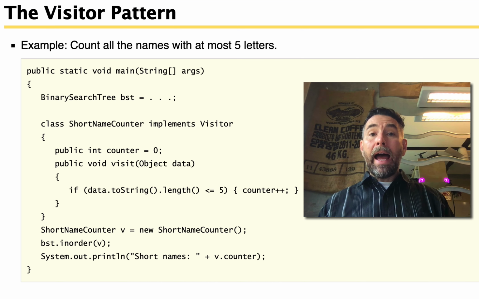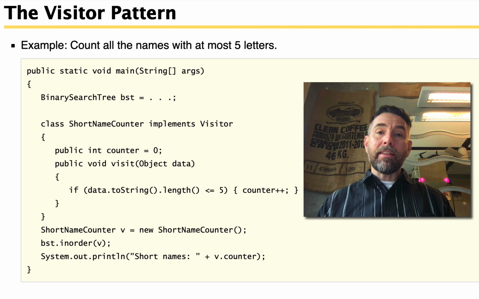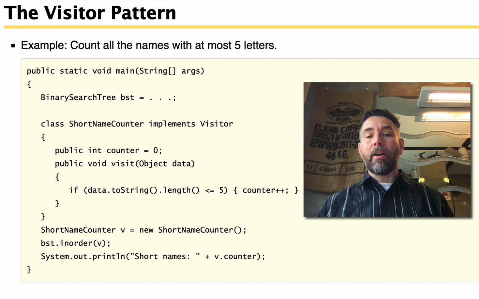Its value is reflected in the visit method applied to our tree in ShortNameCounter. So when we're done with our traversal, we have the count of all the elements that are at most 5 letters. This is a very elegant bit of code that separates out the traversal from the work that's done, because the work is very specific to the application, but the traversal is very universal.